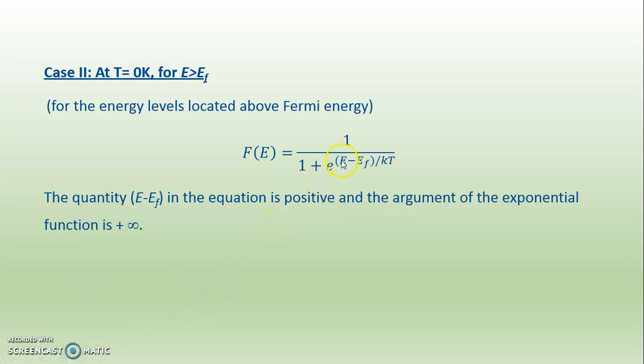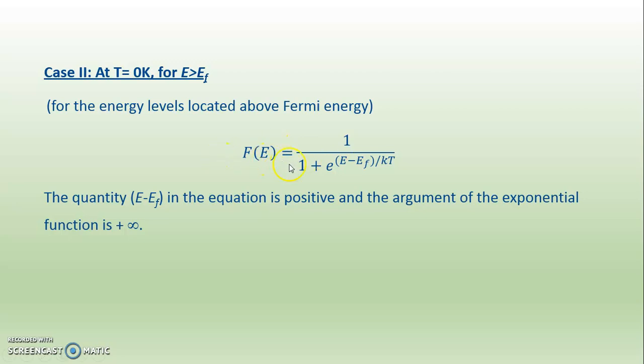As E is greater than EF, this difference will be positive, and the argument of the exponential function is infinity, because T is 0. When T is equal to 0, a positive number is divided by 0. Any positive number divided by 0 gives infinity, and this infinity is plus infinity.